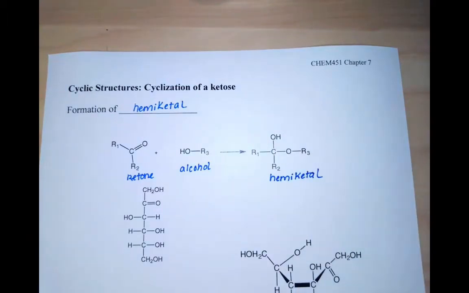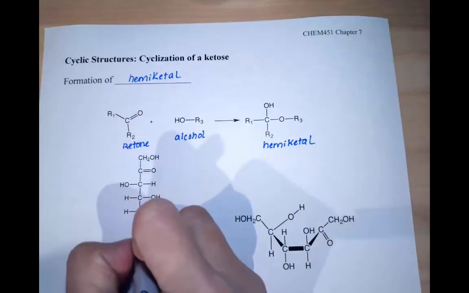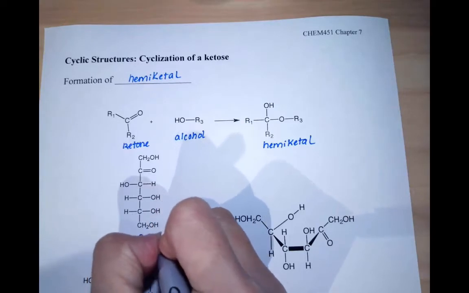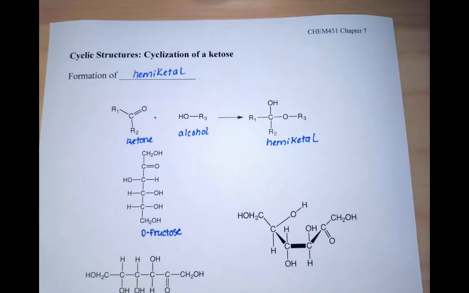So an example of a ketose that we're going to cyclize is D-fructose. The mechanism of the actual cyclization reaction is very similar.